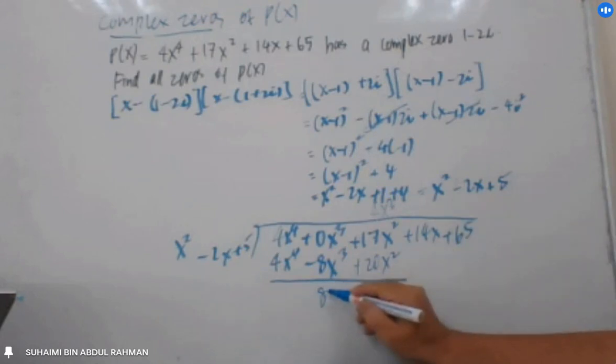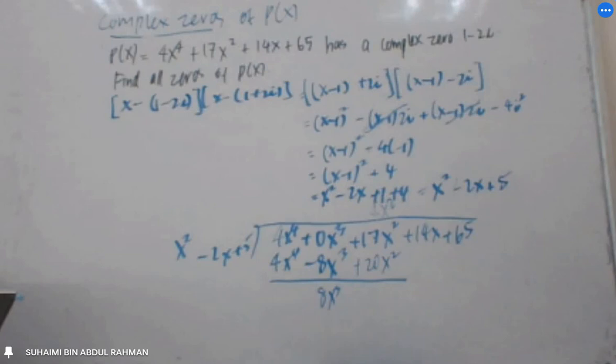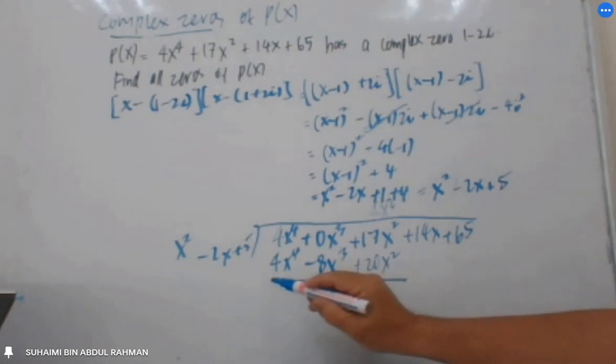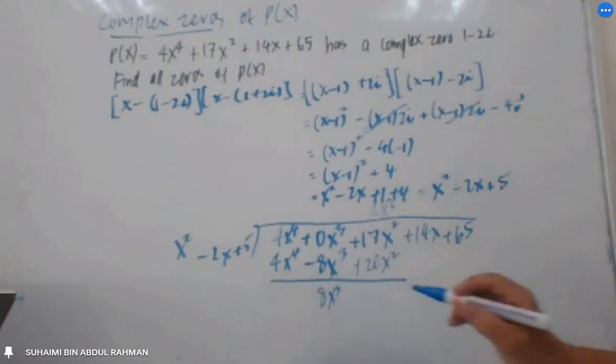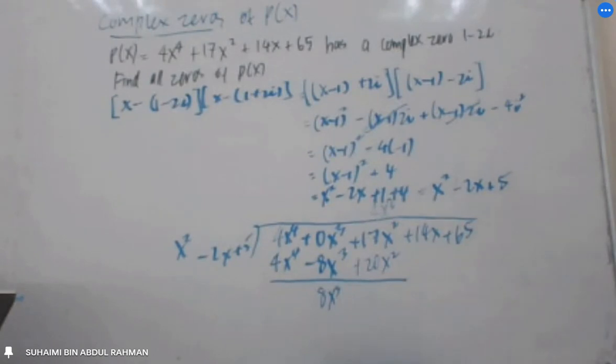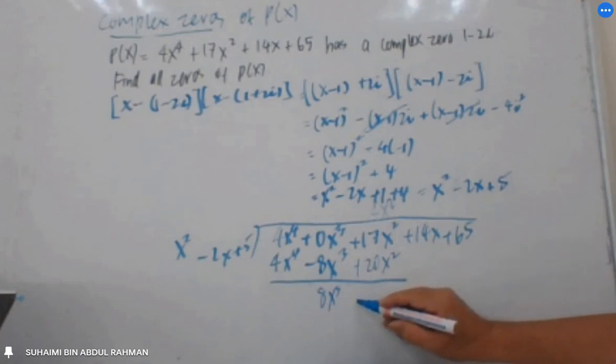So here 8x power of 3. You get it? 8x power of 3 here. What here?